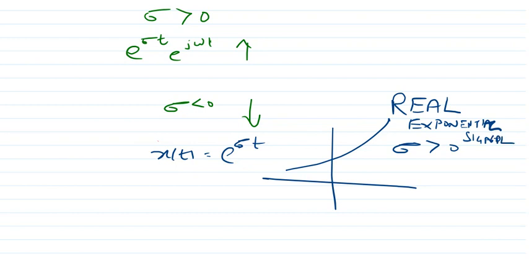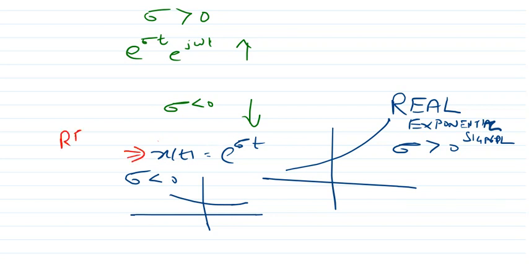If sigma is less than 0, then it is a decreasing exponential signal, but it is real only. Basically there is no imaginary part. So this is a real exponential signal.